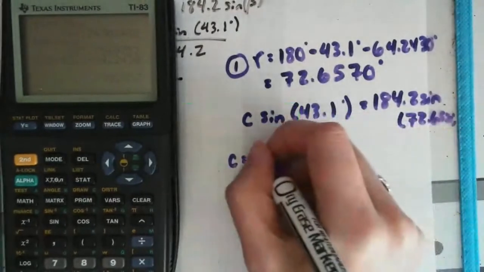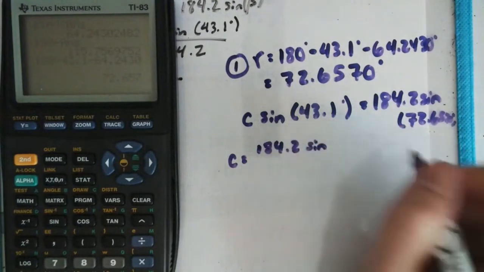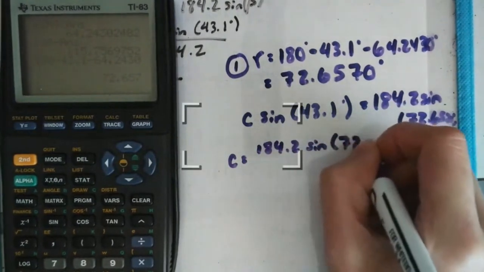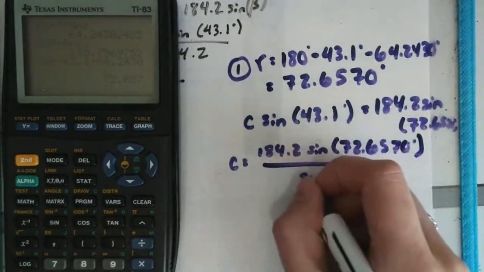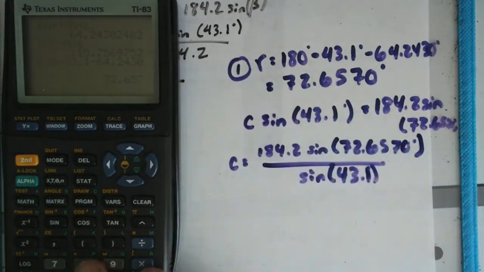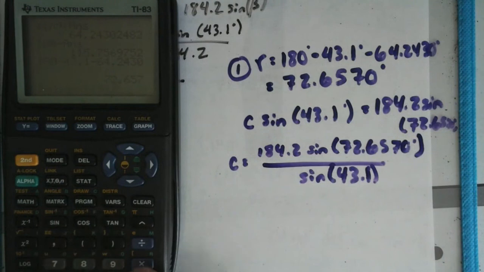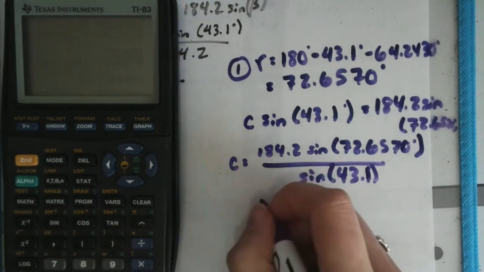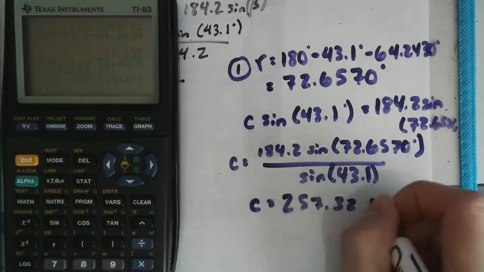And we get C is equal to 184.2 sine of 72.6570 over the sine of 43.1. And 184.2 sine of 72.6570 divided by the sine of 43.1 tells me that C is equal to 257.3284.